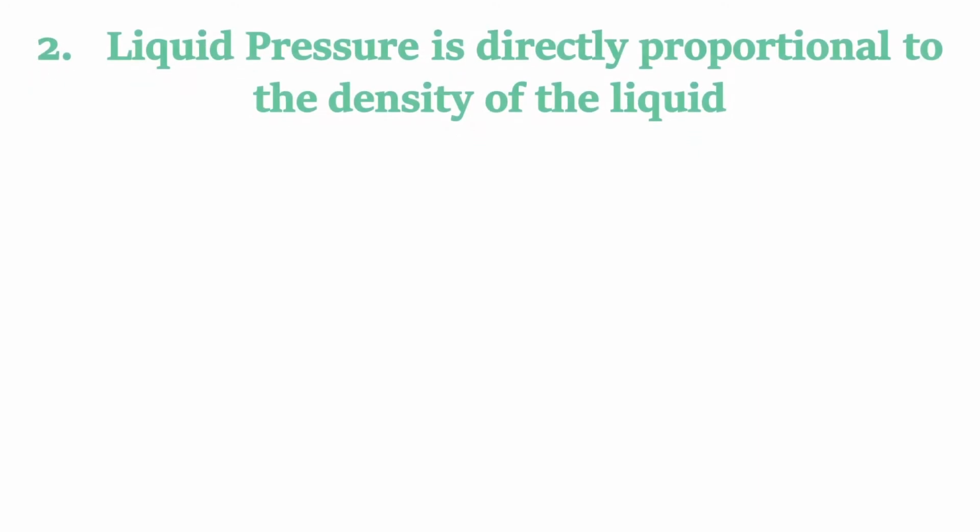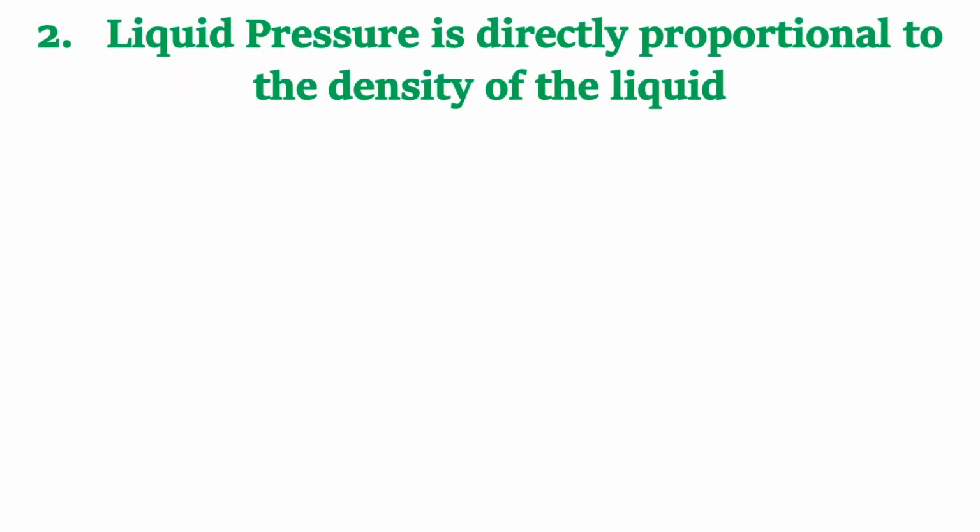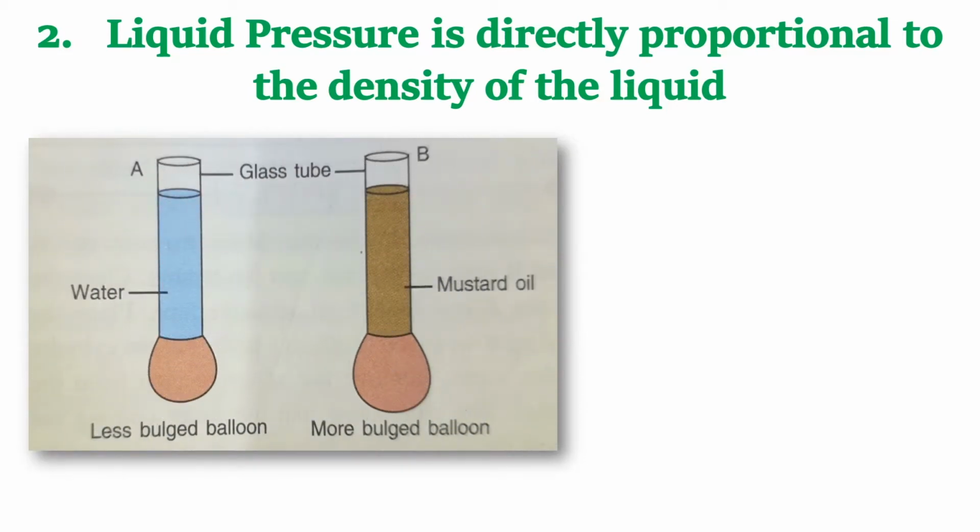Next we have the second characteristic feature, which tells us liquid pressure is directly proportional to the density of the liquid. For this we will do one activity. We will take two identical glass tubes and mark them as A and B, which are open at both ends.